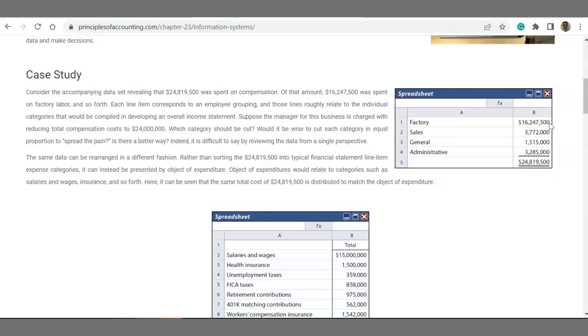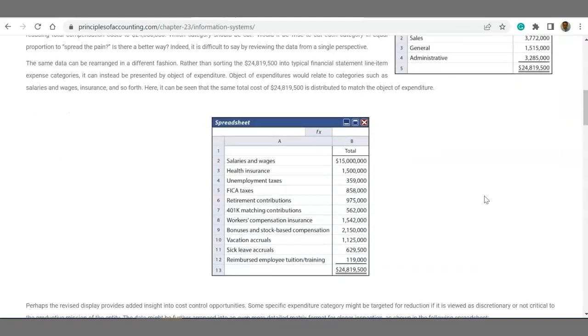However, in the factory, compensation for employees was about 16 million, in sales 3.7 million, general 1.5 million, and administrative 3.2 million. So total compensation was $24 million.